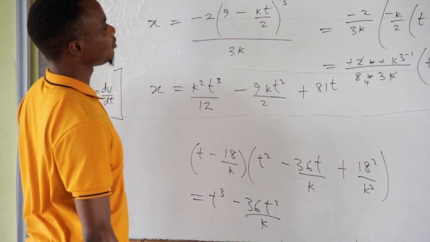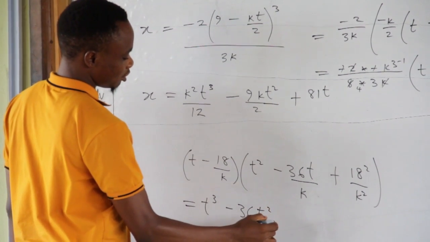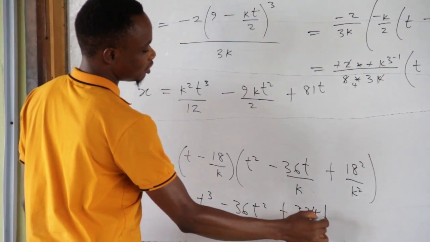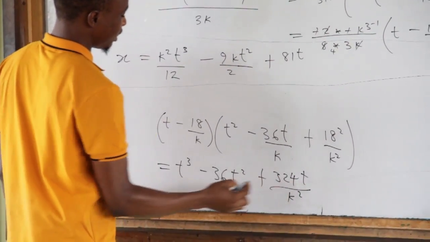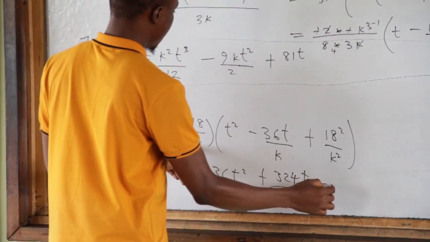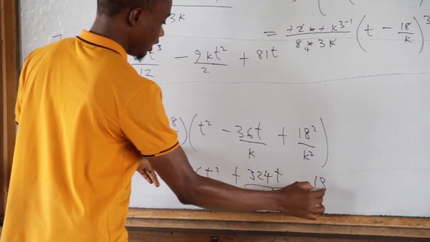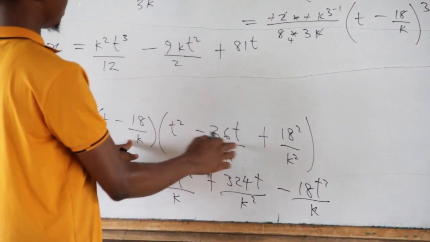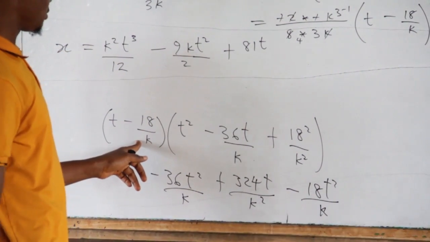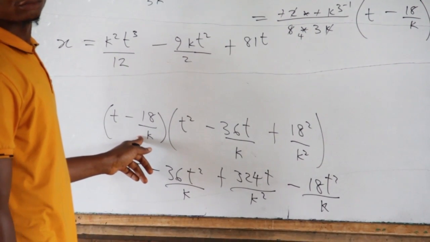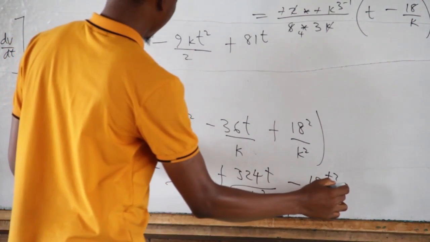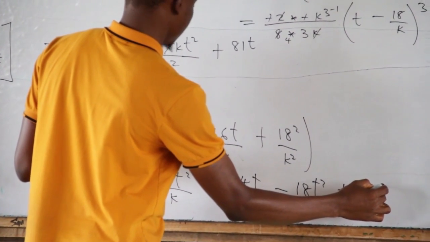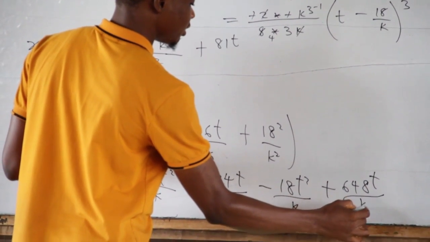That's going to be equal to plus 324 over k squared. Then let's use this. Minus 18 c squared over k. Then this times this, 18 times 36, 648. That's going to be plus 648 c over k squared.